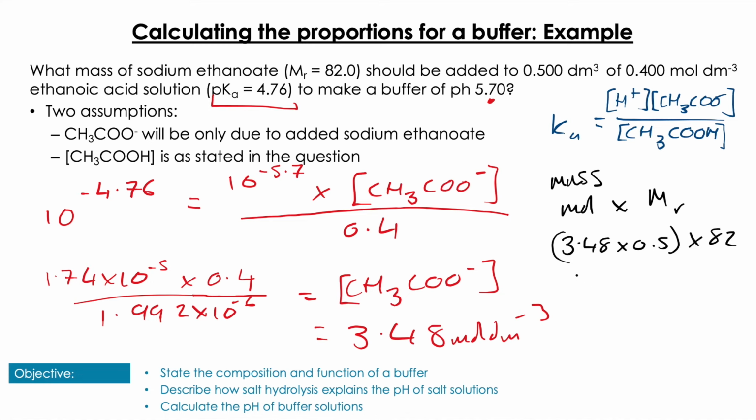All of that multiplied by the molecular mass of sodium ethanoate, which is 82. That comes out to 143 grams. So it turns out I'd need to add 143 grams to this half-liter solution of 0.4 mole per decimeter cubed ethanoic acid solution to make a buffer solution that had a pH of 5.7.